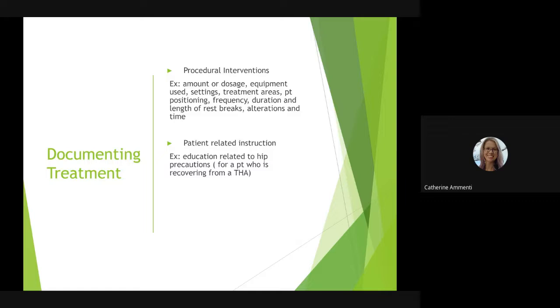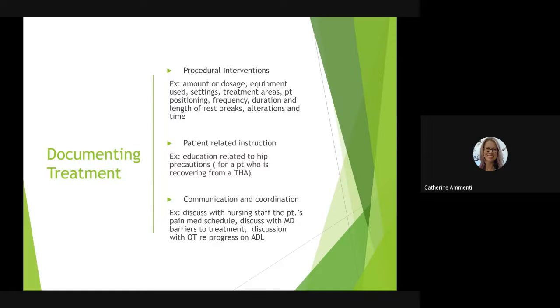Although I wouldn't say you document that in every note as a distinct treatment, unless there's a reason why you have to repeat it as a separate education. So just remember, you're going to be charging for each part of your treatment, and so it's just something I want you to keep in mind.